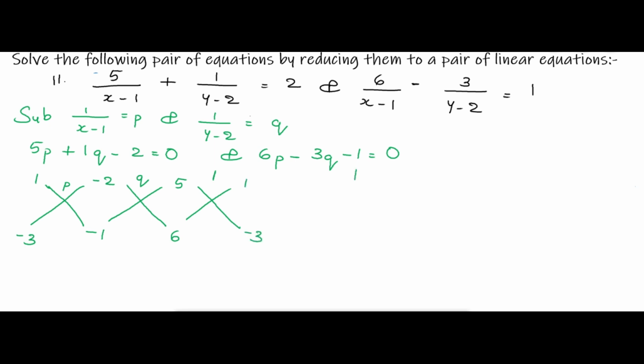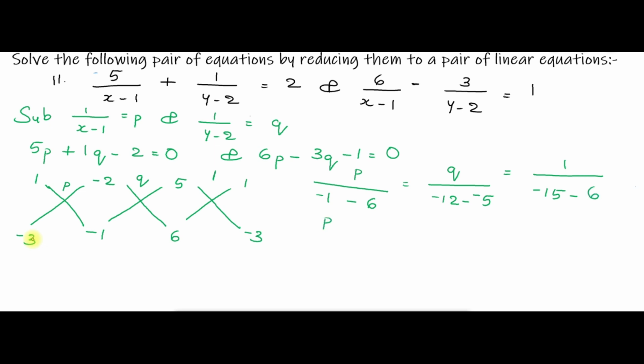Now you are going to write p divided by, from left side you have to multiply 1 into minus 1 minus 2 into minus 2 into minus 3. That is 1 into minus 1 which is equal to minus 1 minus 6 is equal to q divided by minus 2 into 6 which is equal to minus 12 minus minus 5 equal to 1 divided by 5 into minus 3 minus 15 minus this 6 into 1 which is equal to 6.